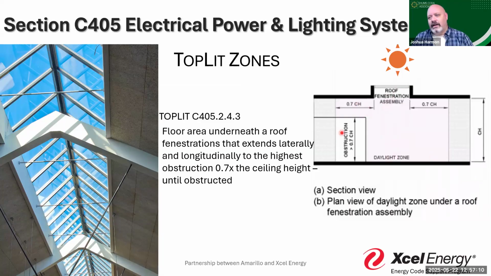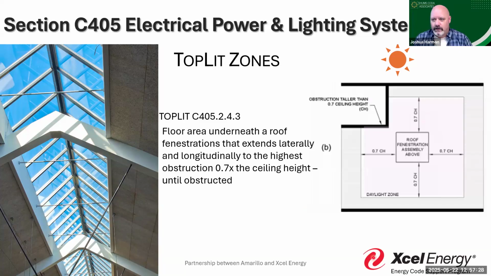So then in these areas, this 70% of the ceiling height area, this daylight zone, if you've got more than 150 watts of powered light, then you need to have a control that says, hey, when we have sunlight, we don't need to keep the lights on.